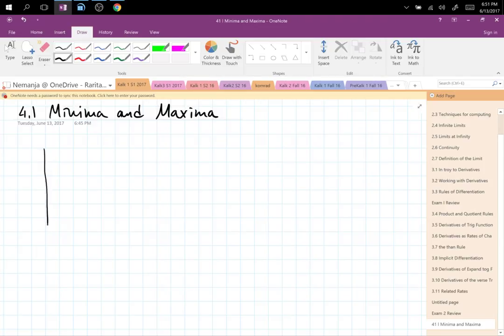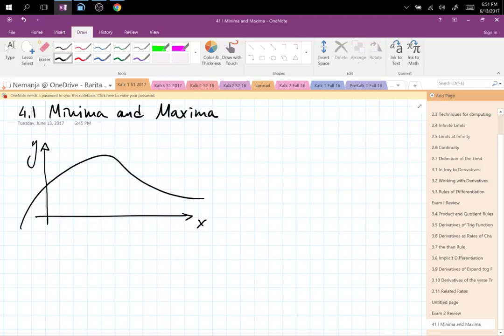If we go back to a graph of a function that clearly has, let's say, a max in this case, and if you are to draw a tangent line on that max, what would be the slope of this tangent line? 0. Slope would be 0 because the tangent line is horizontal, and horizontal lines have 0 slope.